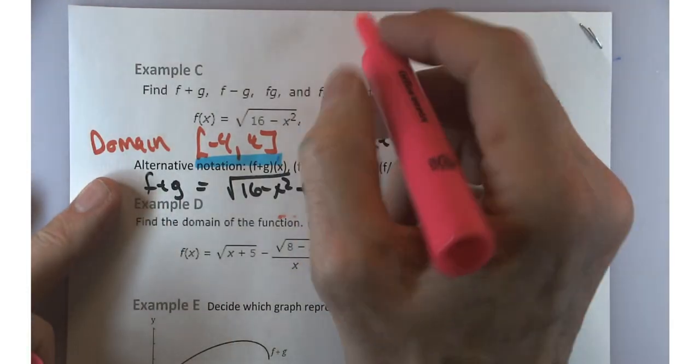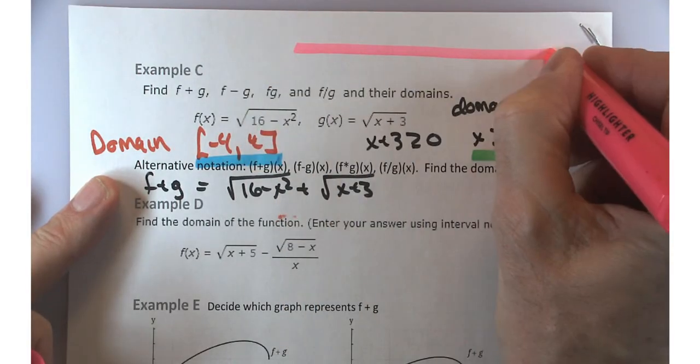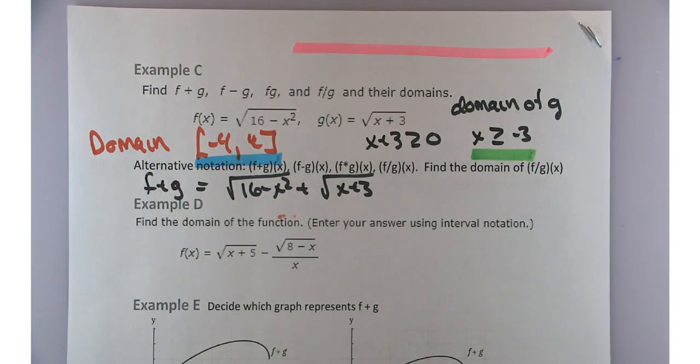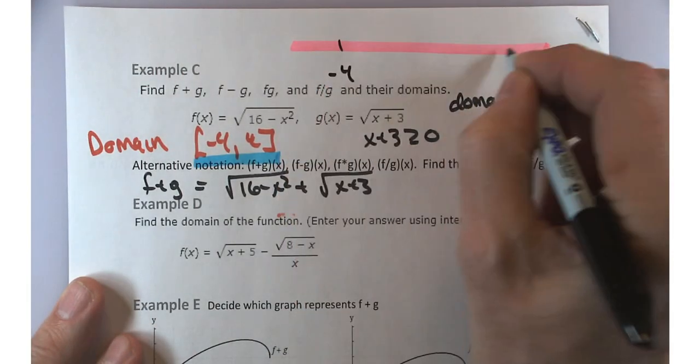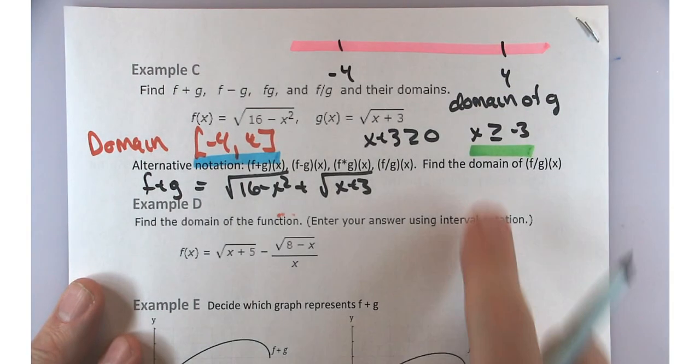Let's do that up here. Now on my graphs I typically put just the points I need. So just the points I need would include a negative 4 and a 4, and then also a negative 3.